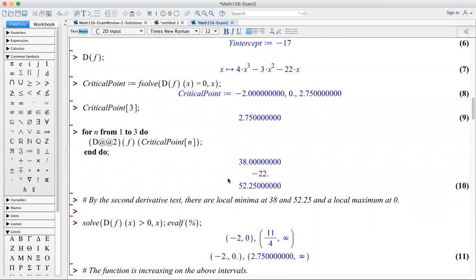Where is the function increasing and where is it decreasing? It's increasing where the derivative is positive. So I can use the solve command to work out an inequality. Solve, where is the derivative positive? From -2 to 0, or from 11/4 to infinity, or if you like this as a decimal, from -2 to 0 and 2.75 to infinity.